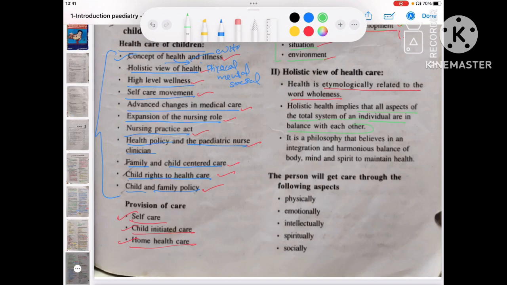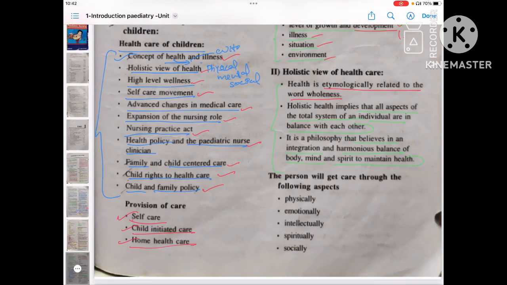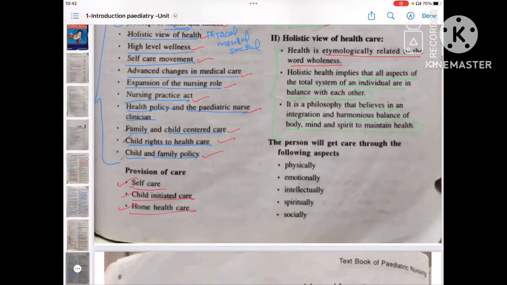We shouldn't ignore anything. It is a philosophy that believes in an integration, a harmonious balance of body, mind, and spirit to maintain health. To maintain the health, we have to make the balance of the body, mind, and spirit. So this is the holistic view of healthcare.